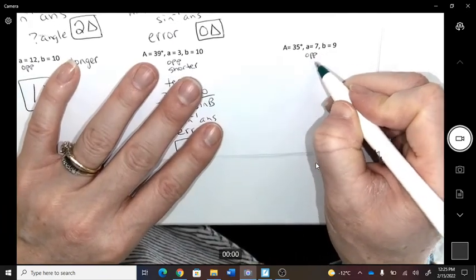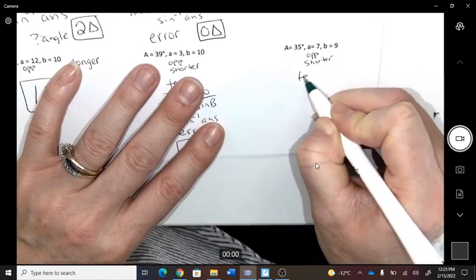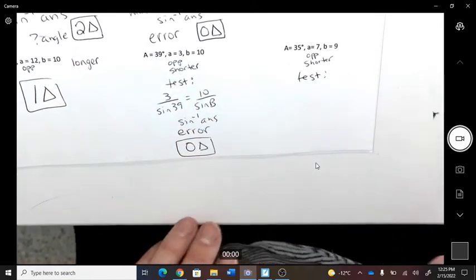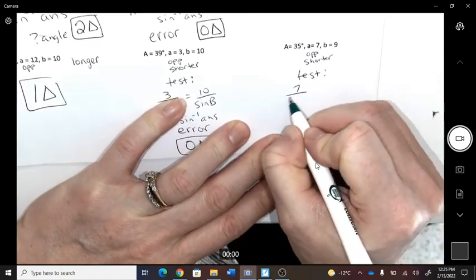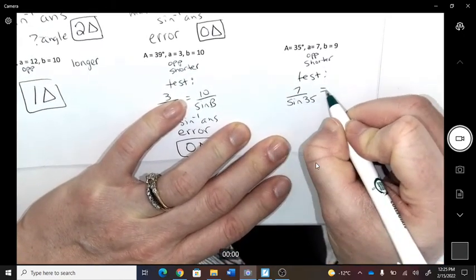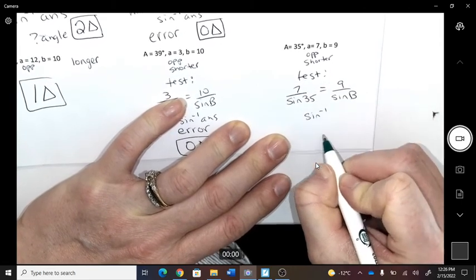So the opposite is 7, so it's shorter. So we're going to have to do that test again. So 7 over sine 35, 9 over sine B. Inverse.